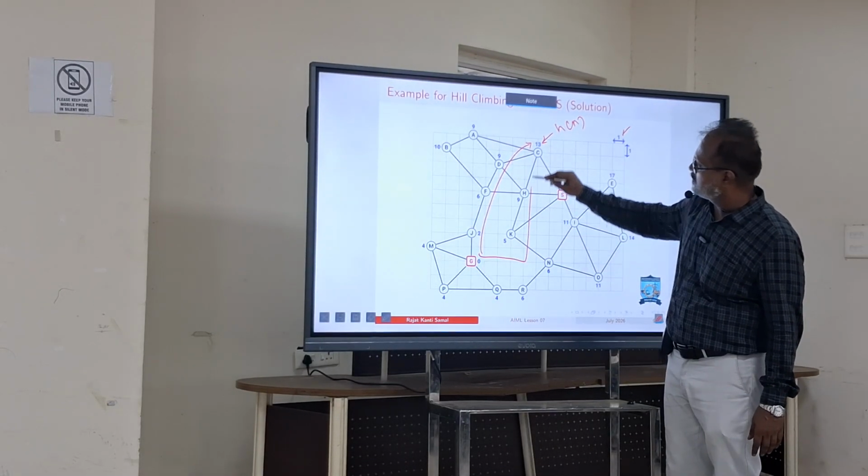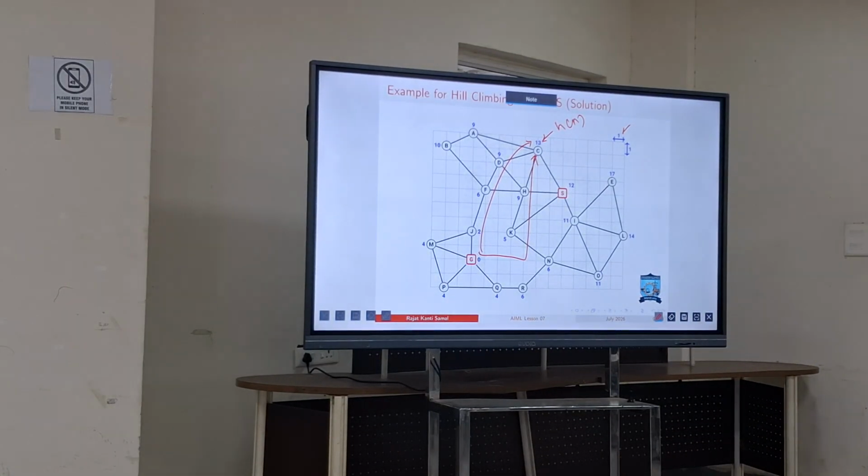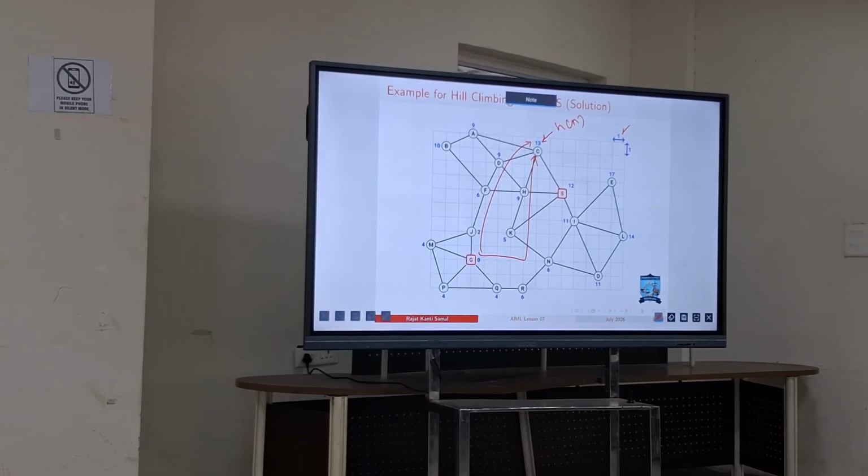Keep this in mind: in best first search, we have only this distance from the goal.